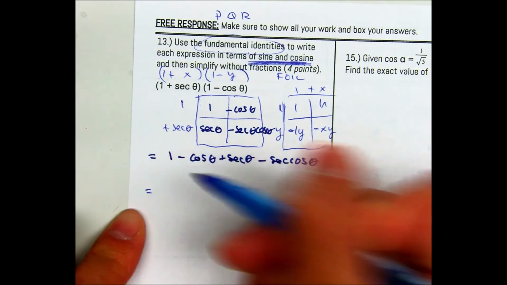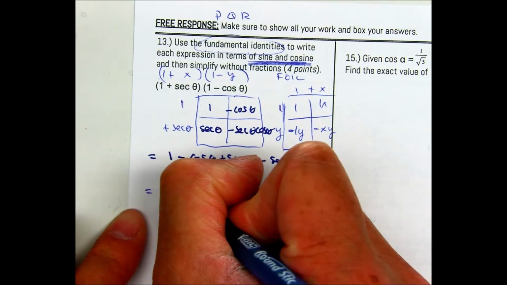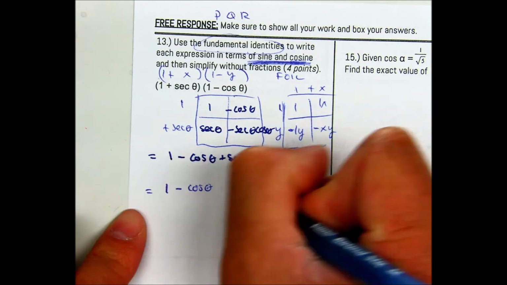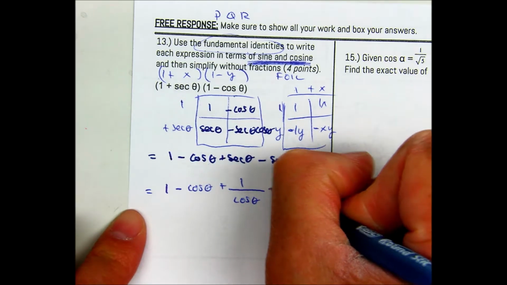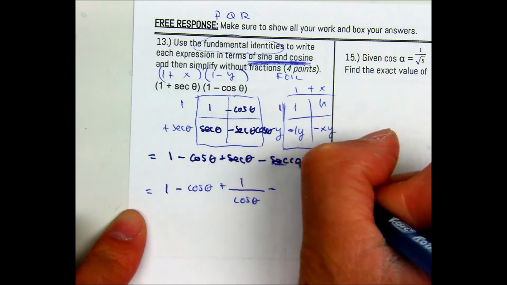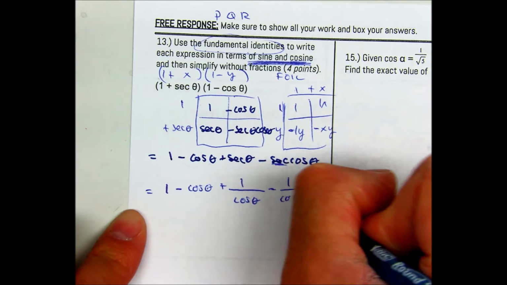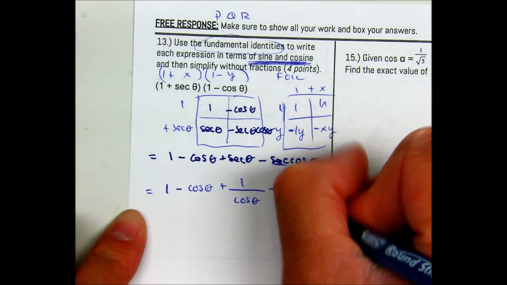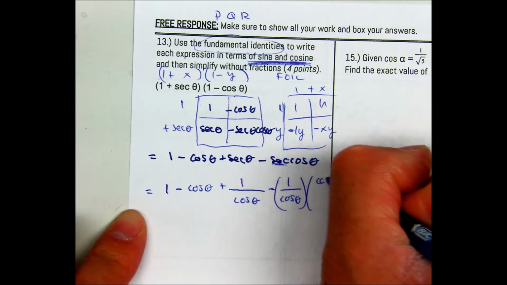Now I might want to change them into sines and cosines. So I have cosine of theta plus 1 over cosine of theta minus secant of theta is going to be 1 over cosine by the reciprocal identity, and then I'm putting in parentheses because it's multiplication here. So here was a common mistake among students.